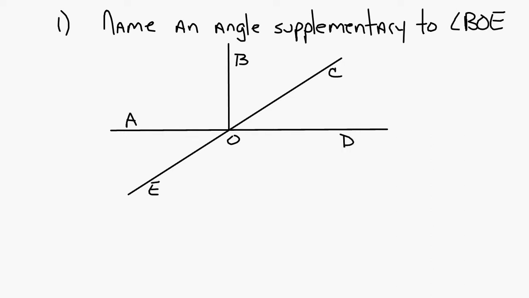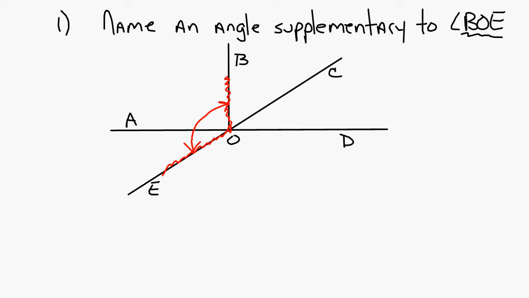If supplementary means sums to 180, you need something supplementary to BOE. Well, you have to find BOE first, and it's right here: B down to O and over to E. BOE is this angle.